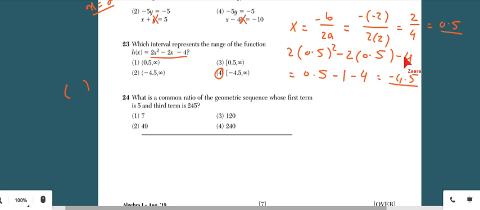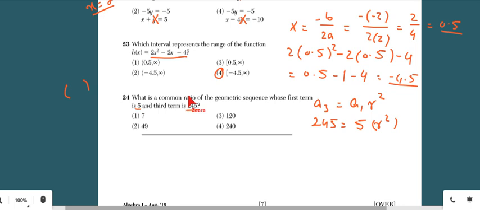Now look at question number 24. What is the common ratio of the geometric sequence whose first term is 5 and third term is 245? Now you have to understand, if the first term is this and the third term is this, for a3 it would be the first term times r raised to the power of 2. So a3 is 245, the first term is 5, and r squared.